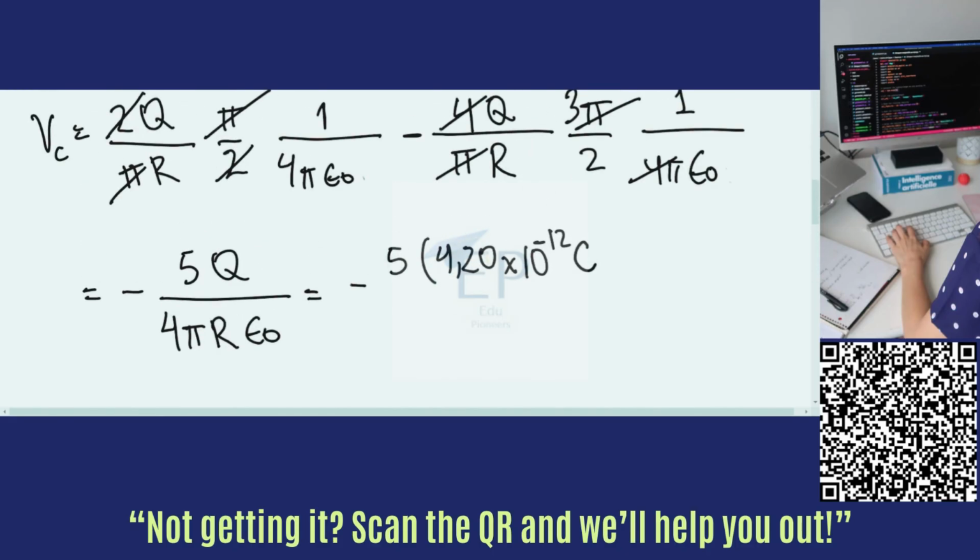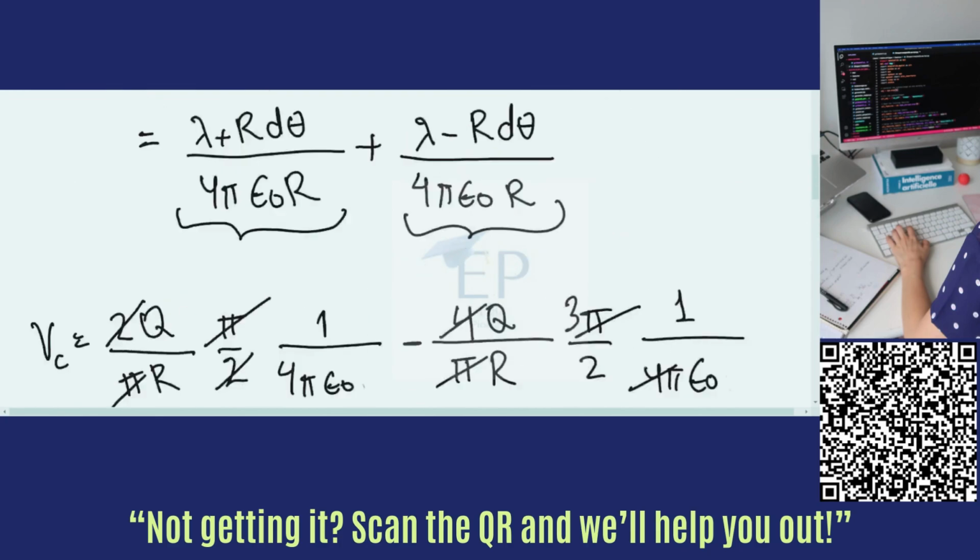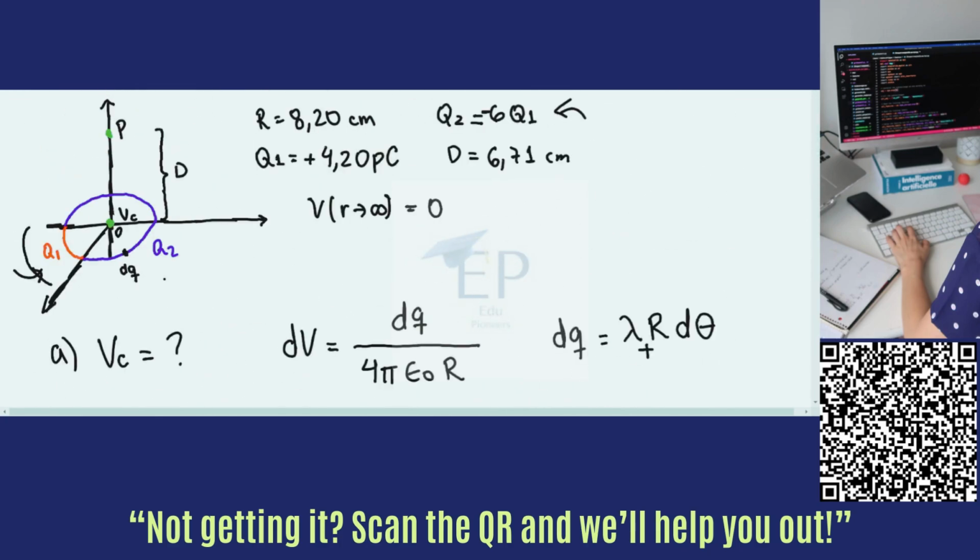And we also have in here 4 pi. The radius of the circle in this case is 8.20 centimeters, but we can convert that to meters because we need it in that. So it is 8.20 times 10 to the minus 2 meters.